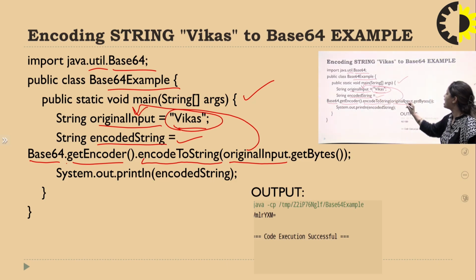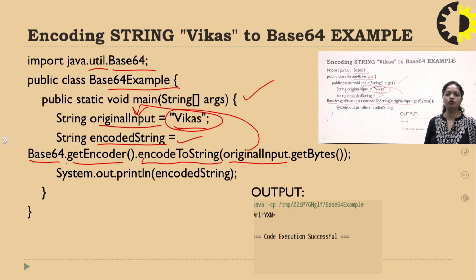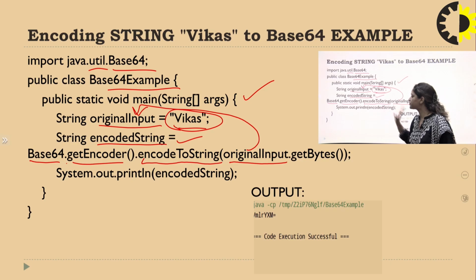So Vikas dot getBytes: we are converting this Vikas character string into binary bits, into bytes, and those binary bits will be encoded into characters again by grouping them into 6-bit groups. That will be automatically done by this encodeToString method.